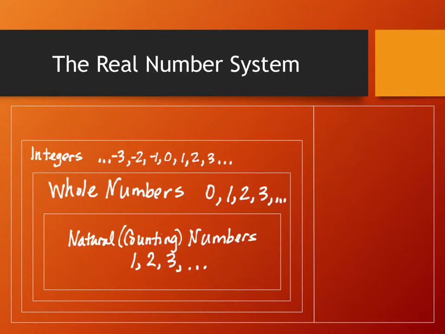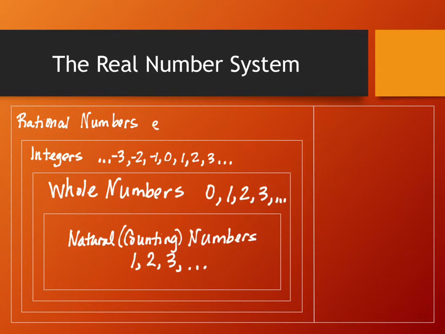The last outer box that's nested here does include those fractions and decimals. So we call these the rational numbers. Rational comes from the root word ratio. So ratio means fraction, at least your fractions that can be written as an integer over an integer.